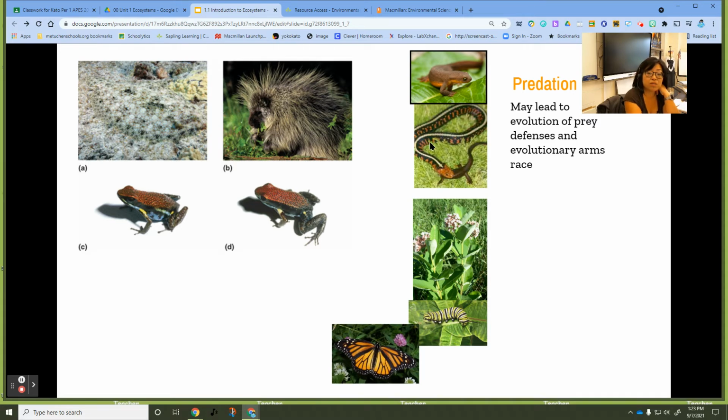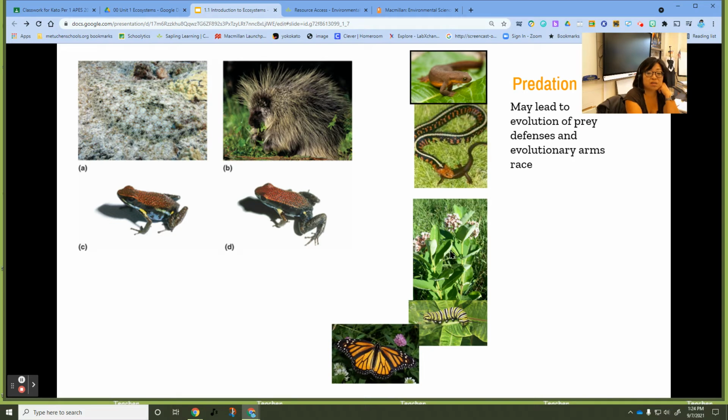There are some specialized organisms that will feed on these very toxic prey. And I guess the advantage of that is that they pretty much have a monopoly on this food source, because nobody else would eat this guy. So they don't have to compete with anybody else for that food source.